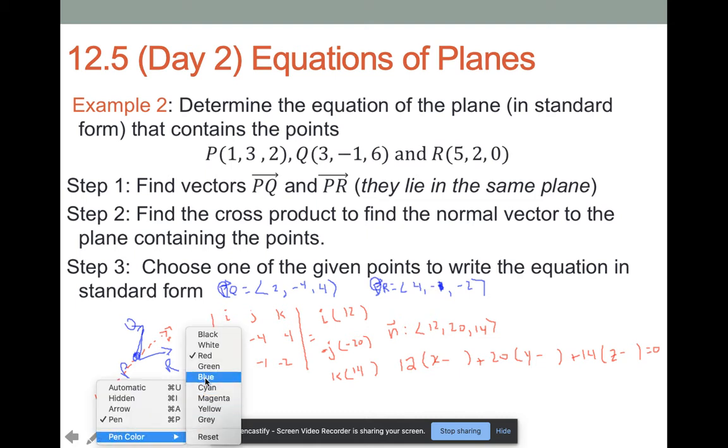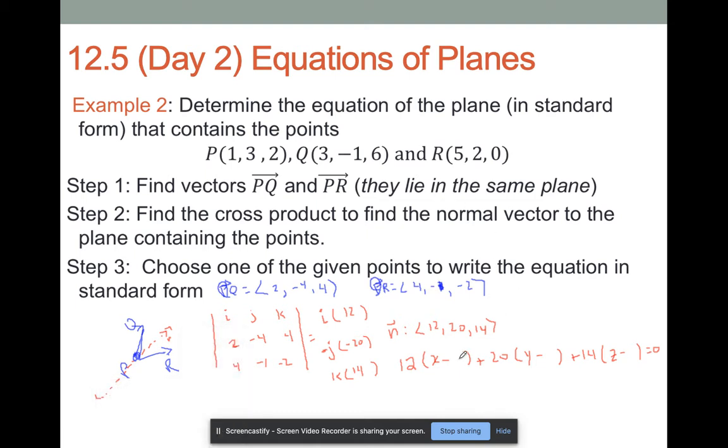I will just pick the first one, 1, 3, and 2. And I get 12x minus 12 plus 20y minus 60 plus 14z minus 28. This is all negative 100. Add to the other side and I get 100. If you want to divide everybody by 2 to make your coefficients smaller, that's fine, but you don't have to.